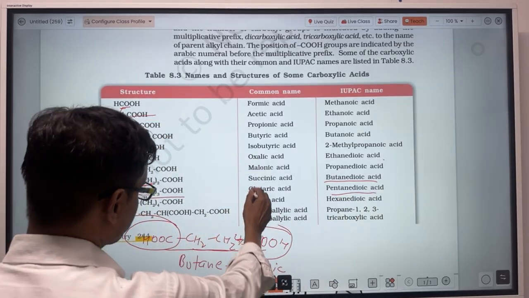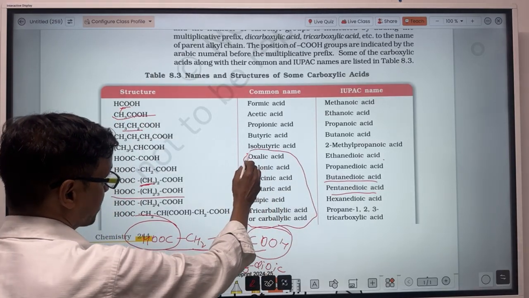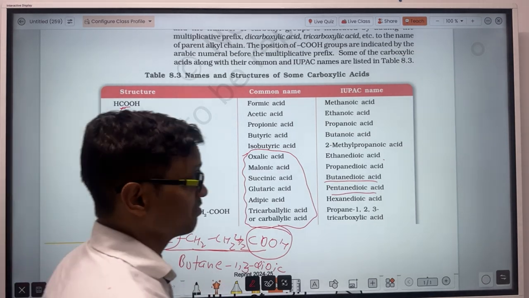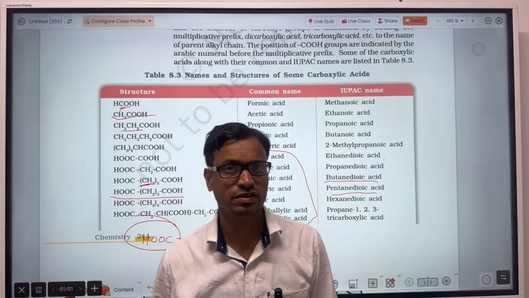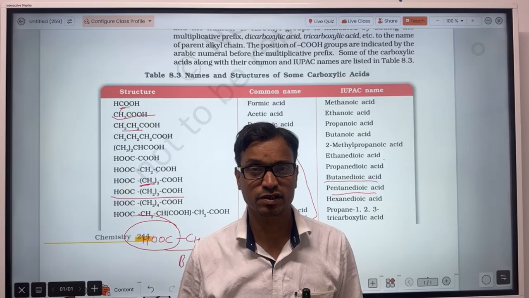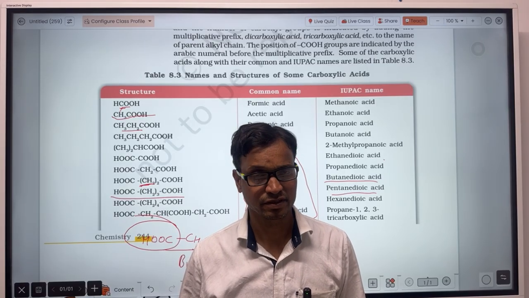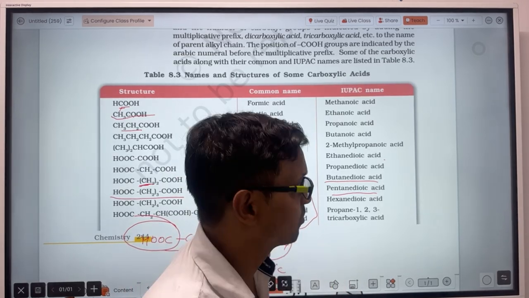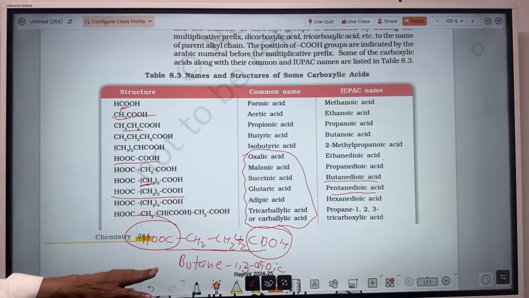And watch out here. This common name is quite important, especially for those who are preparing for competitive examinations. For the 12th board examination it is also important, but for competitive examinations like CUET, NEET and JEE Main, these common names are quite important. So keep in mind simply: when two COOH groups are bonded together, that will be oxalic acid.